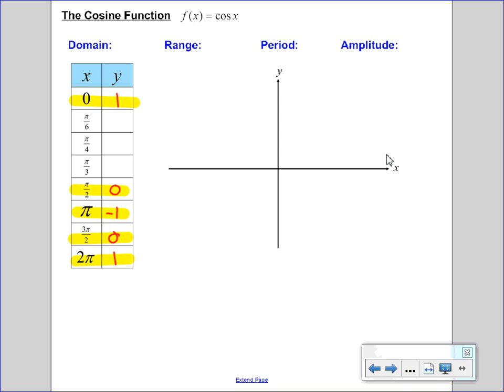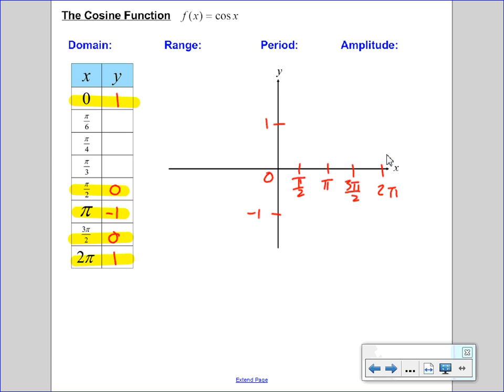So for cosine, the x values are 0 again, same thing. Pi over 2, pi, 3 pi over 2, and 2 pi. We still have 1 and negative 1. Now, pretend you're a Greek statue and you're going like this.